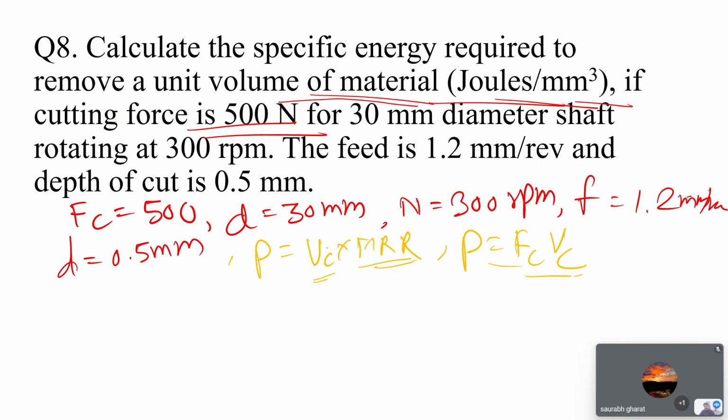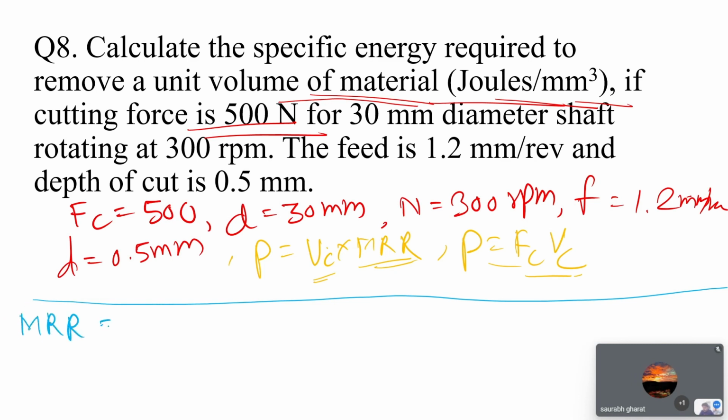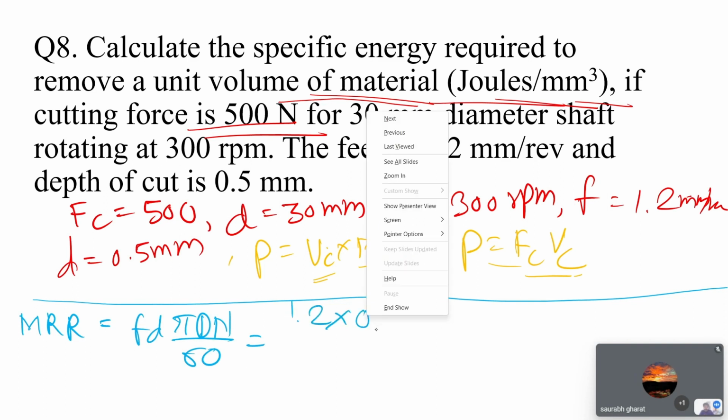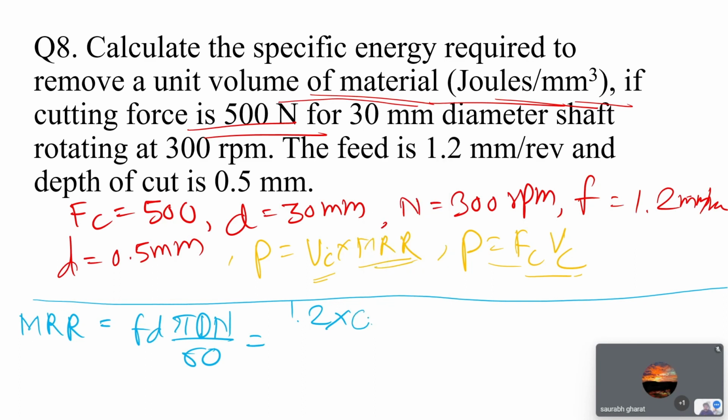So you need to first find out your MRR. MRR is equal to F into d into pi D N by 60. Your F is 1.2 into d, d is 0.5, into pi into D, which is 30, into N, which is 300 RPM.